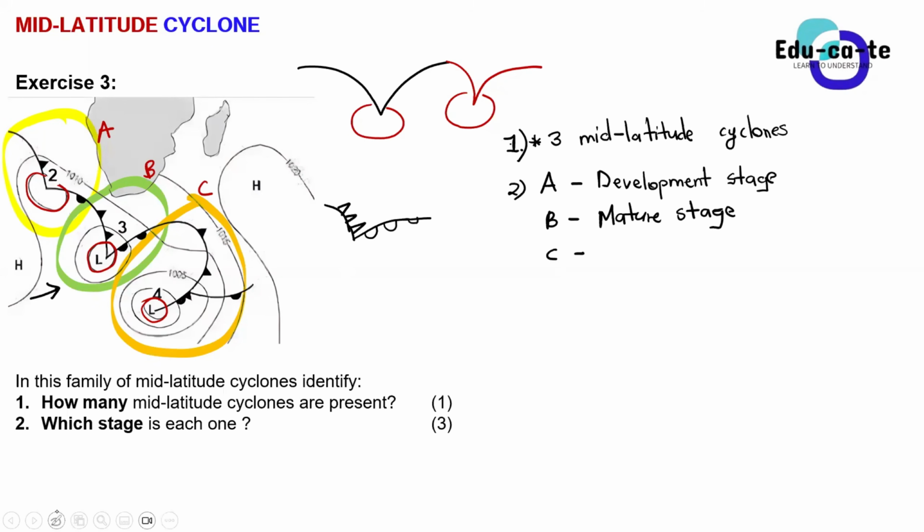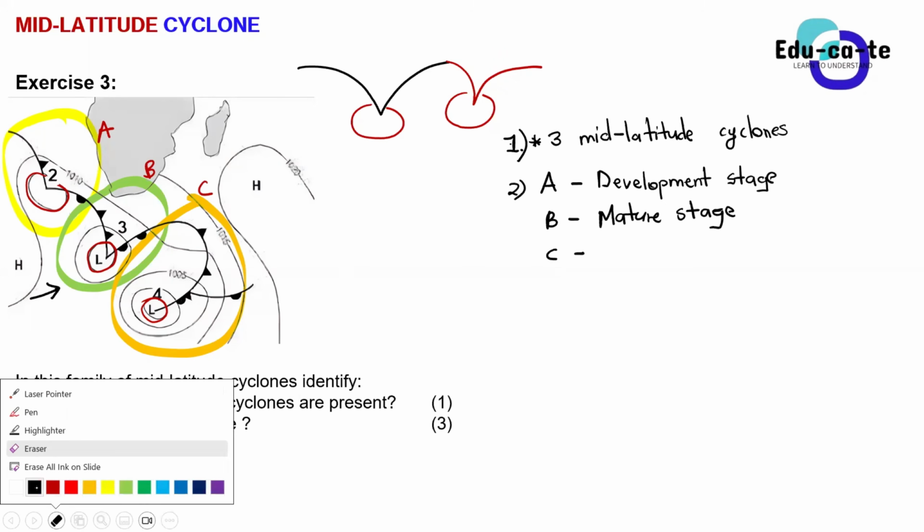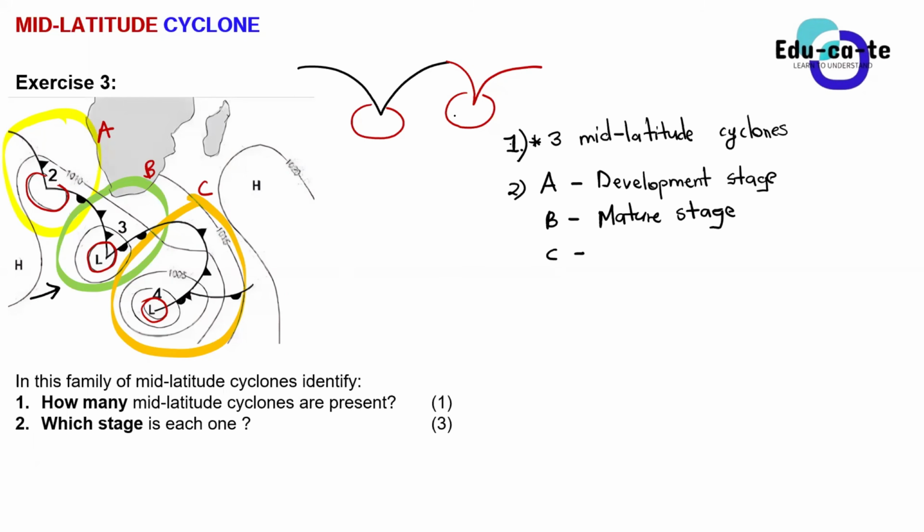Yes, Yango. Would I be wrong if I said it has less than 1,000 hPa? Okay, can you see that from the diagram? Because you can't see it. According to my understanding, the second one and the mature stage are not the same.